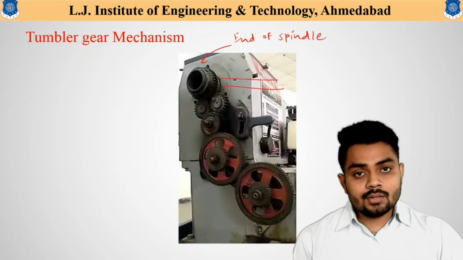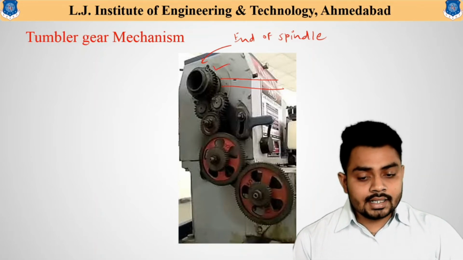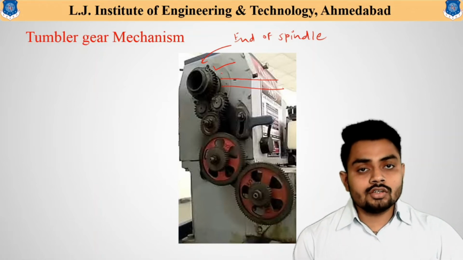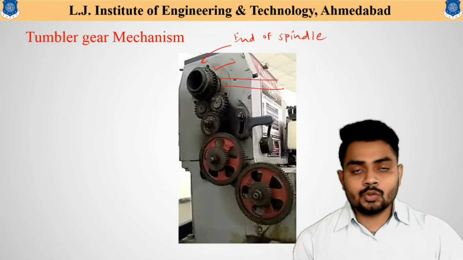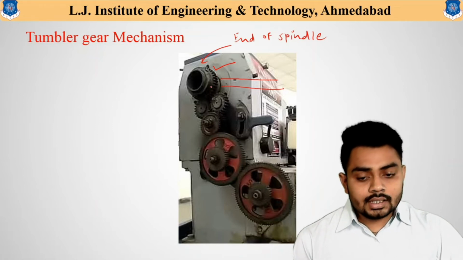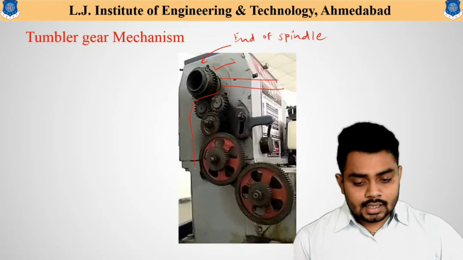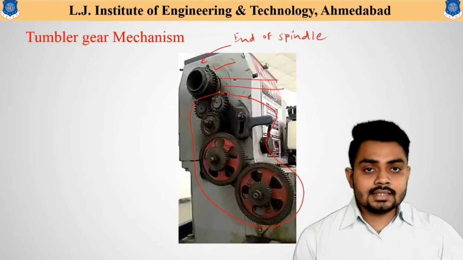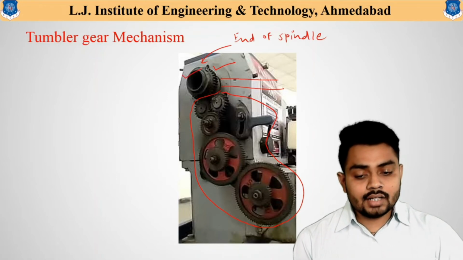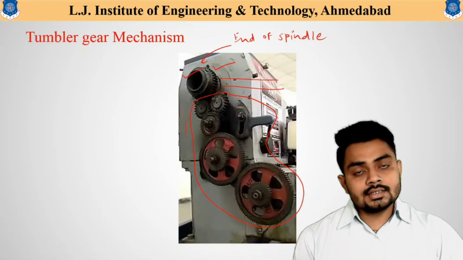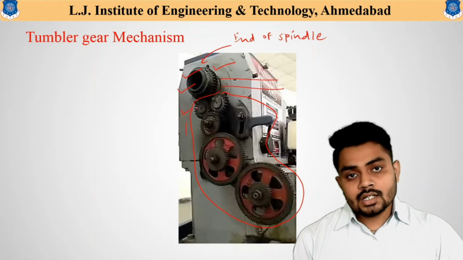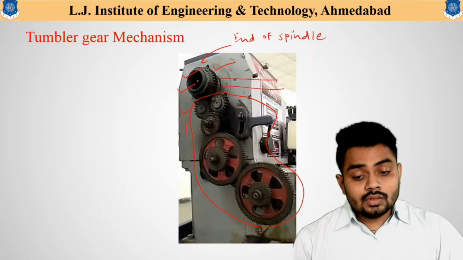Here at the end of the spindle, one gear is attached, and this gear also rotates with the rotation of the motor. In normal condition, all the gears below are in disengaged condition. During normal machining operation, there is no connection between the end gear available over here and the gears below, and that's why it rotates automatically, and there is no movement in the gears below.